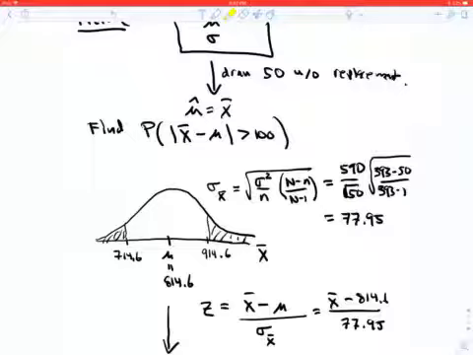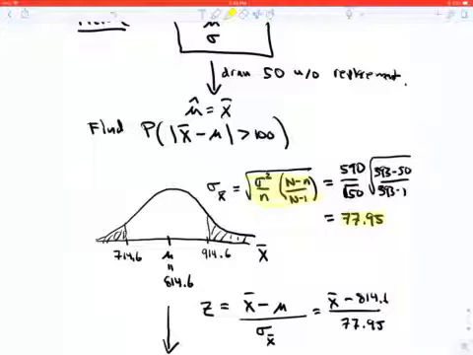It's normally distributed here by the central limit theorem. The standard error is given by this formula. Again, this is something we will prove a little bit later, that this is the standard error for this estimator x bar.